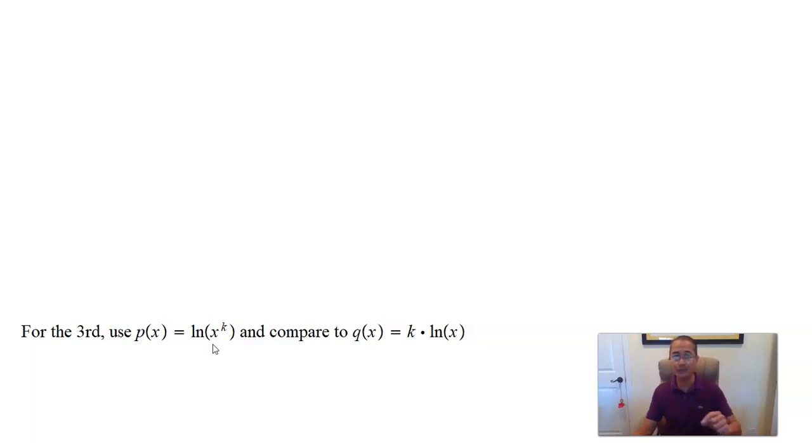We had the times a earlier, and compare it to the derivative of this other function q of x, which is k times ln of x. The power rule says that you can drop that k, and it looks like that is what happened over there. You will do the same thing. You will show that these two functions have the same derivative, so they can only differ by a constant. Find that constant, and that will show you that the third property is true.